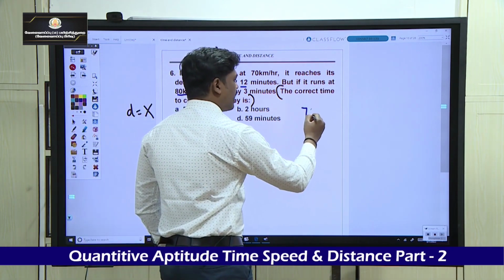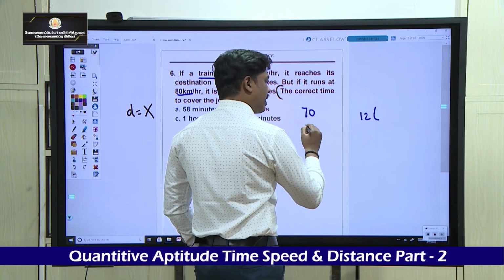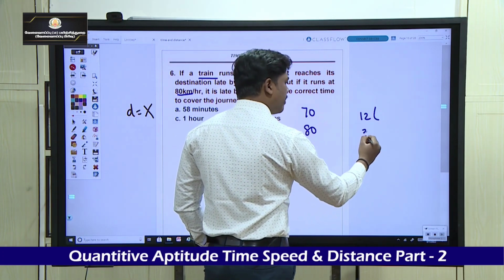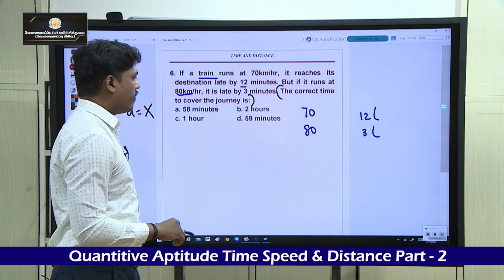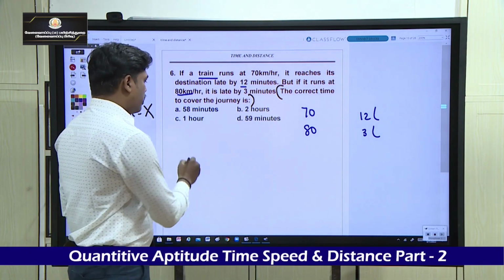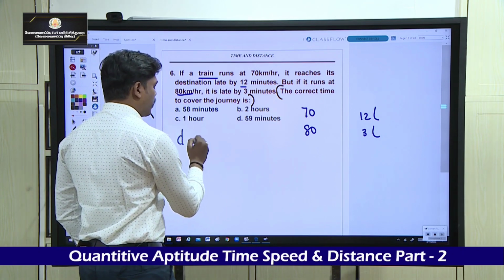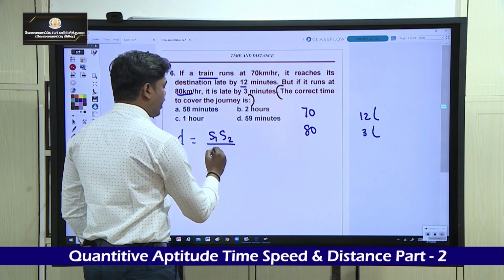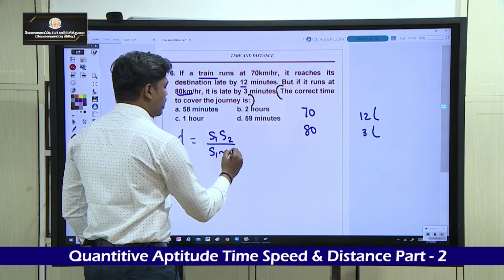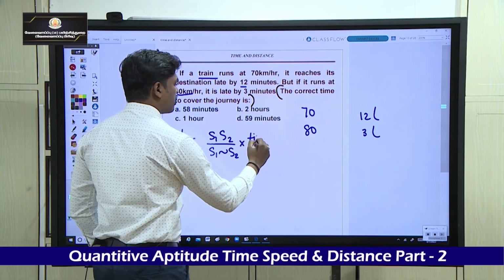If it is running at 70, it is 12 minutes late. If it is running at 80, it is 3 minutes late. What is the correct time? We can see here. So apply the same formula. Distance is equal to S1 into S2 divided by S1 difference S2 into time difference.